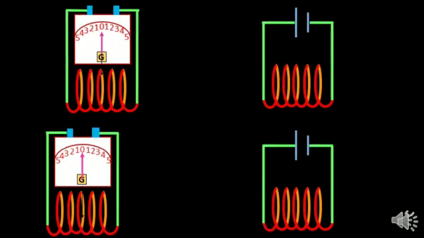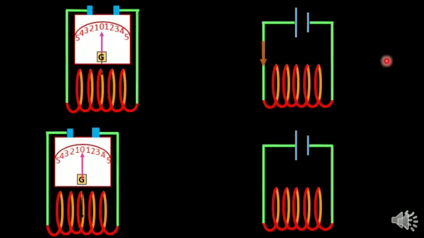In the second experimental setup, there are two coils. Coil 1 is connected to the galvanometer and coil 2 is connected to the battery. Due to the current in coil 2, a magnetic field is set up, and this magnetic field is also associated with coil 1.